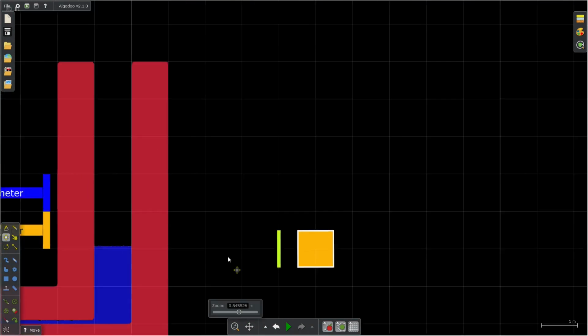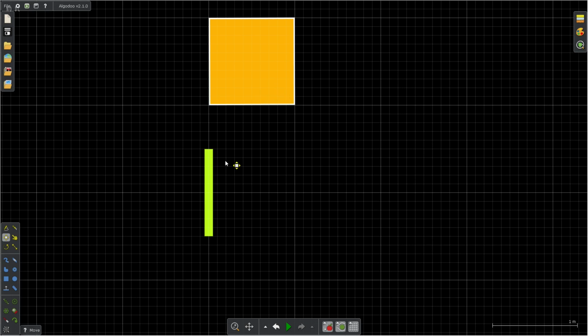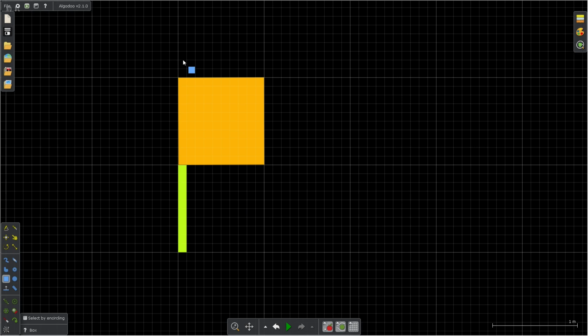We're going to zoom in, like so, and we're going to place these along the grid lines, and I'm going to use the square function to show you this whole square is equal to 1 meter by 1 meter, right? And this whole stick is equal to 1 meter by 0.1 meter.